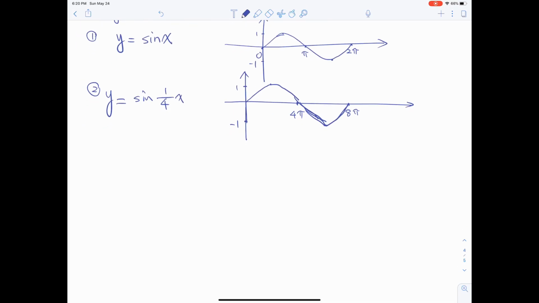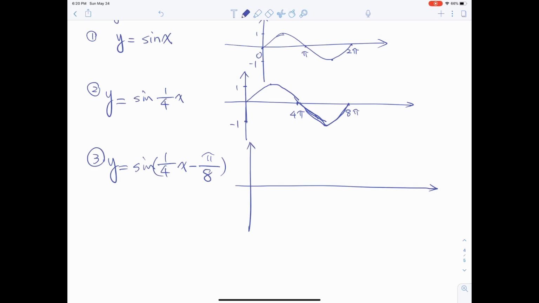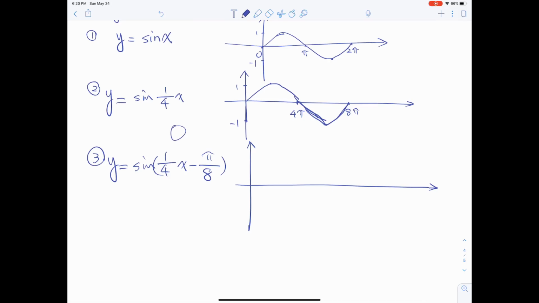Okay, please forgive me. Now, step number 3: y equals sine of a quarter of x minus pi over 8. So we need to shift a little bit. Where do we shift? We shift to the right. When everything becomes 0, the x actually needs to be here.